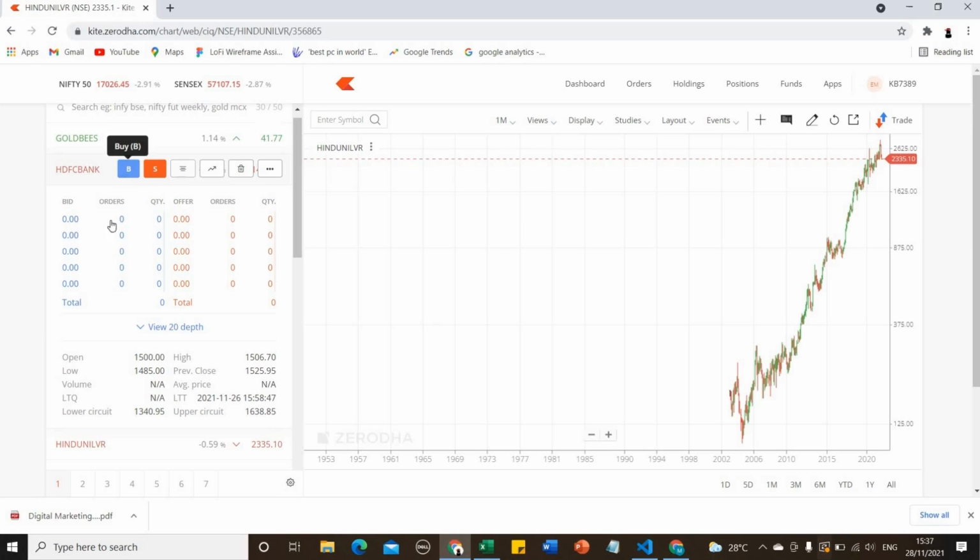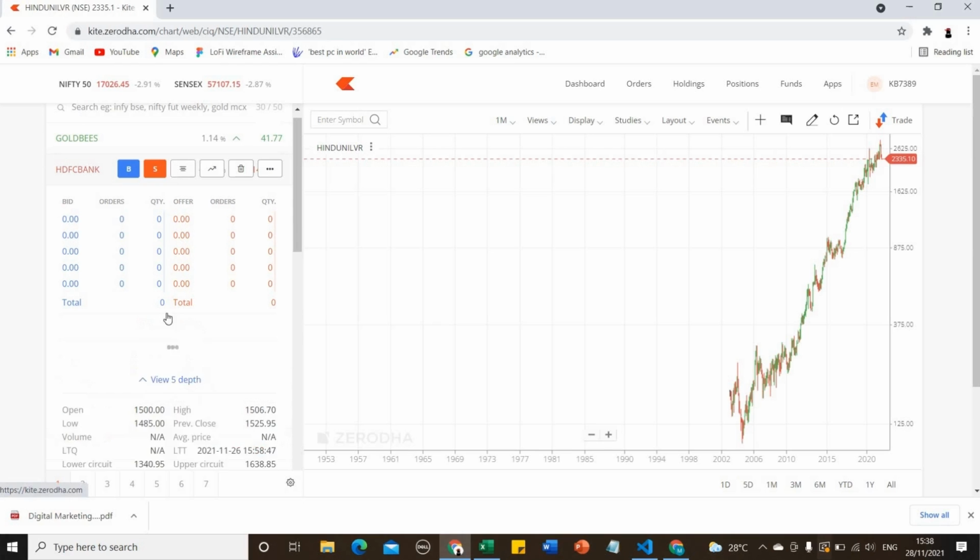If you are going for buy, it shows the buyer, the person who buys, and in this column it shows the value of the buying option, orders and quantity. If someone sells, it shows the price, the minimum and maximum they are selling, and this is the order column and the quantity.